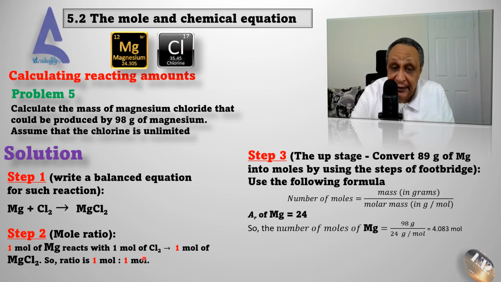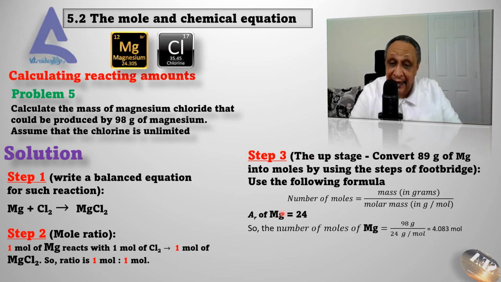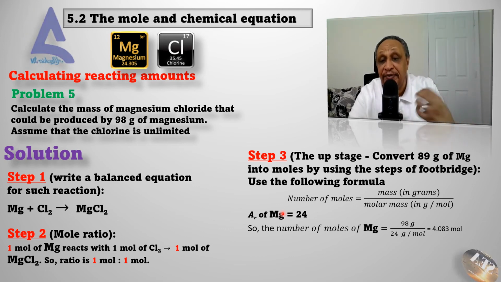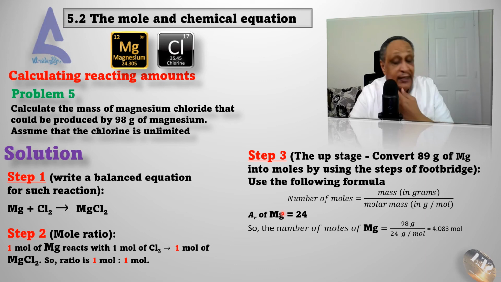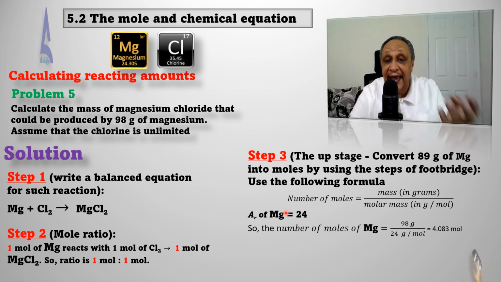This is important. Now, step 3, I'm going to take one of my elements or the product and work out the number of moles it has. In this case, I'm going for the reactant, the magnesium.